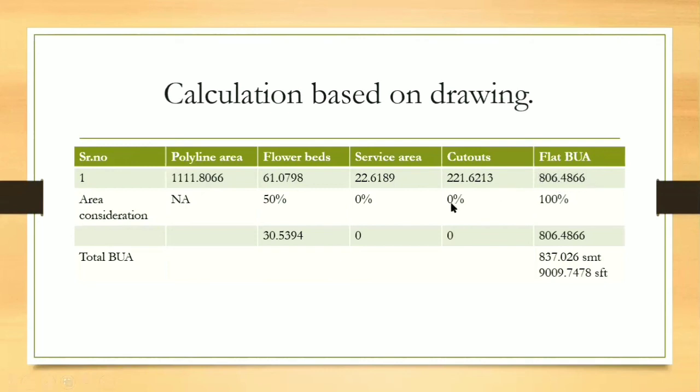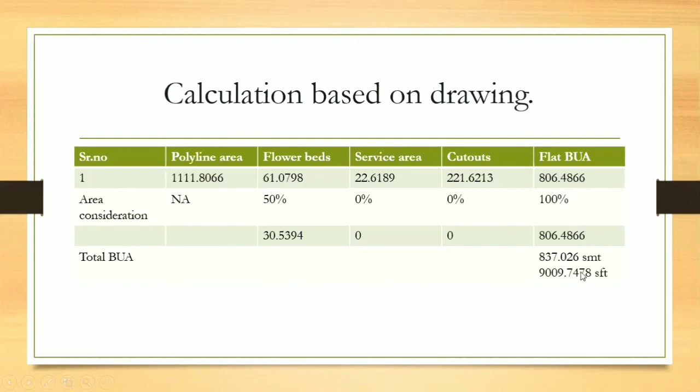For area consideration, we won't consider any area of the polyline because it's just made for our reference. The area of flower bed is considered at 50%, so the flower bed area becomes 30.5394 square meters. For service area we won't have any consideration, so it will be 0. Cutouts are 0, and for flats it is 100%, so this whole value comes as it is.